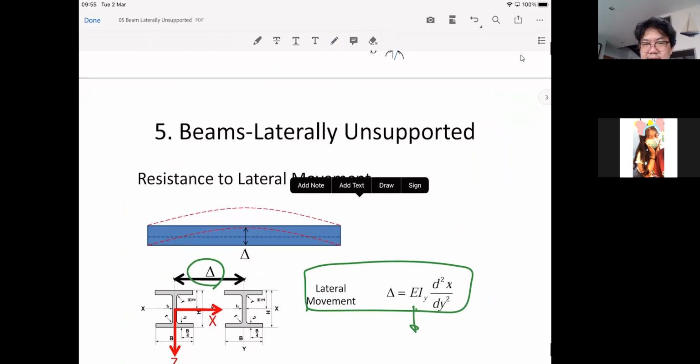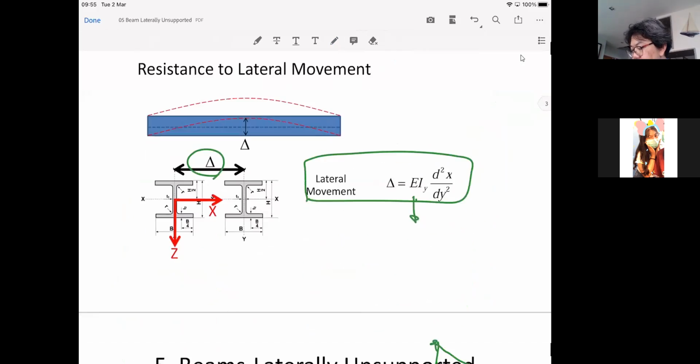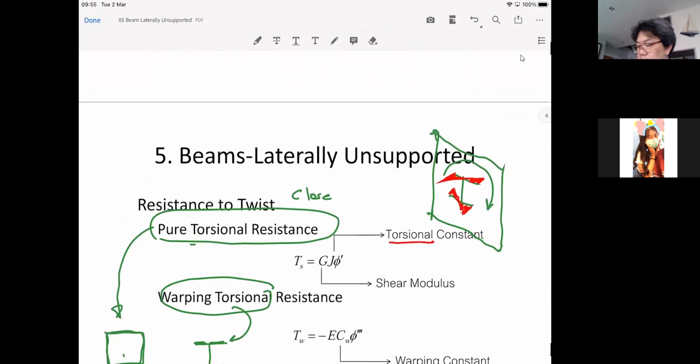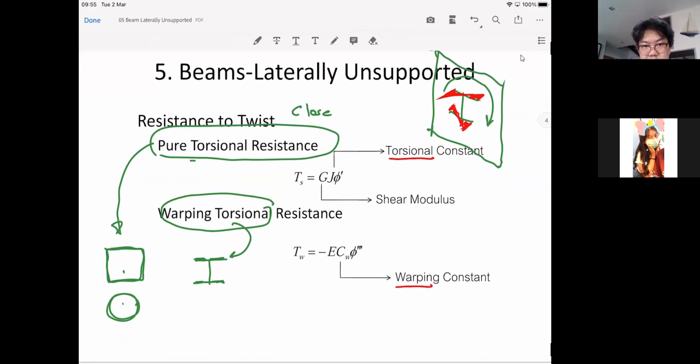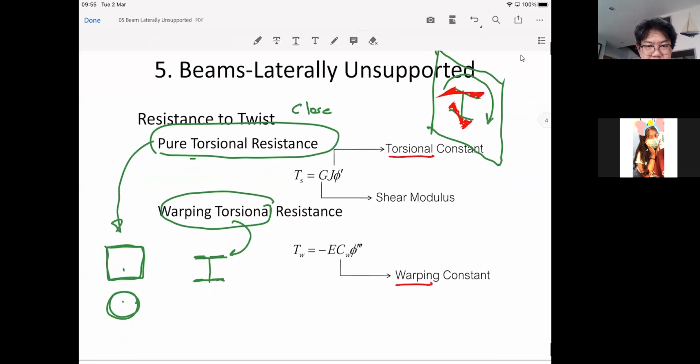It's not the major deflection; it's in the y direction. That's why we need Iy. And then the twist of the section. For the H shape, there are two kinds of twist: the pure torsion, where everything twists in the plane, and the warping torsion, where part of your cross section will be forced to twist out of the plane. Okay.